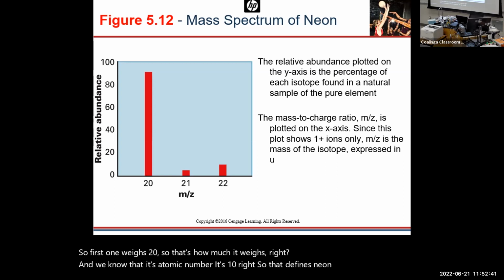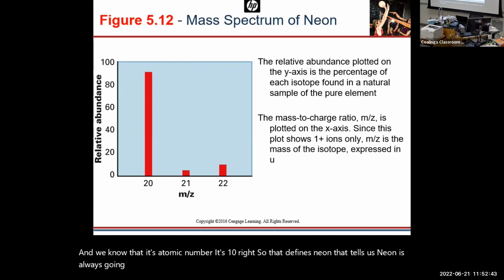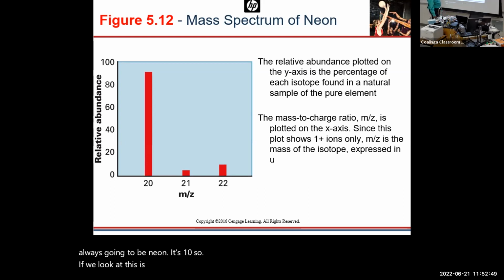That tells us neon is always going to be neon. It's 10. So now if we look at this, this is like 95%, 96%. 96 would be thick, okay?